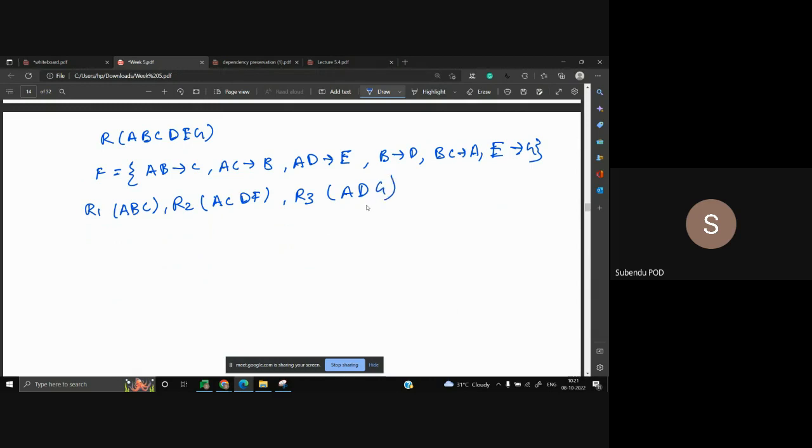So you have to find whether this is a lossless join decomposition or not. First you have to check whether R1 union R2 union R3 is R or not. So we will get ABC, then AC, then D, F.